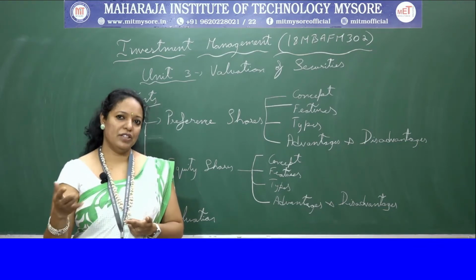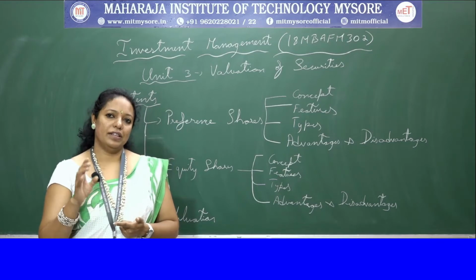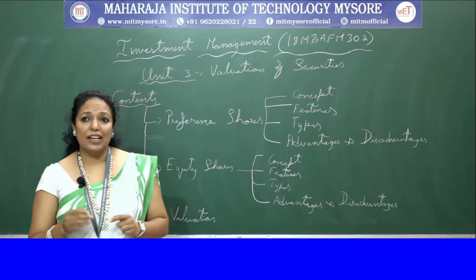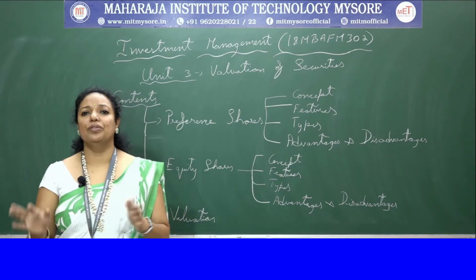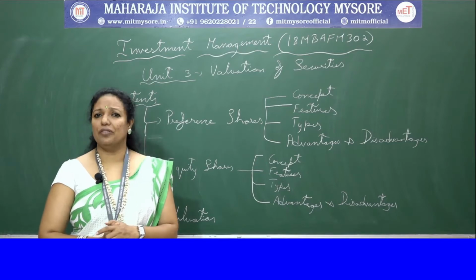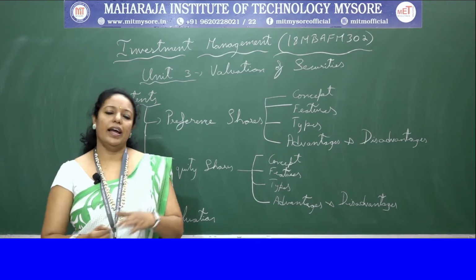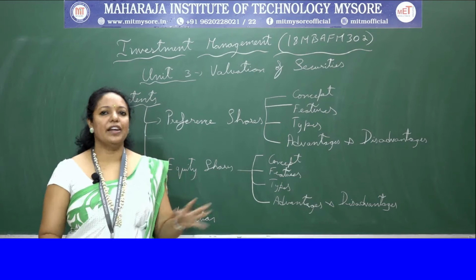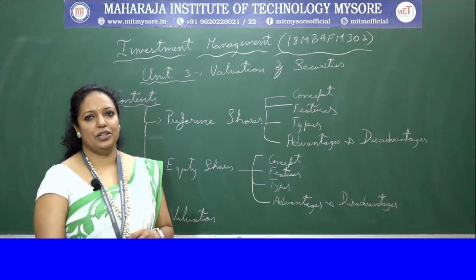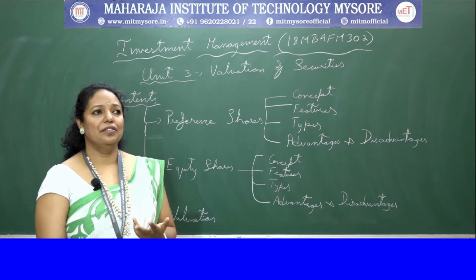Whatever bonds and debentures I have mentioned, the dividend for preference shares is always higher. And they do not have any kind of voting rights, so they will not be a part of any decision making of the company, and they will not have any right on the assets of that company at the time of liquidation. So these are certain features.